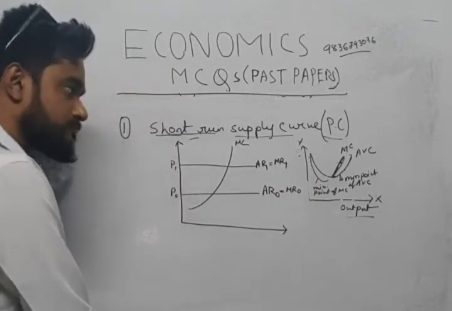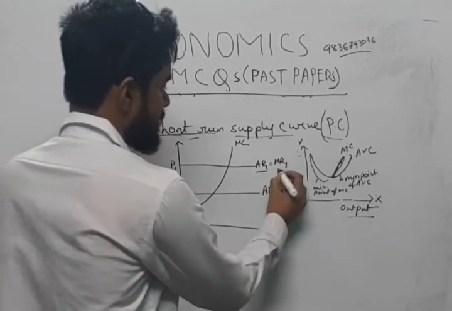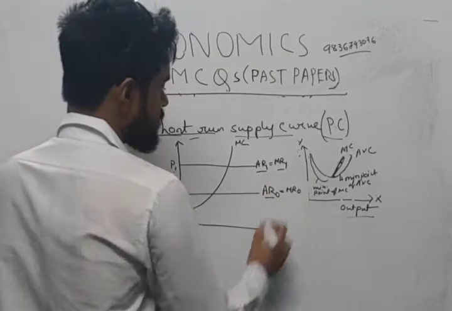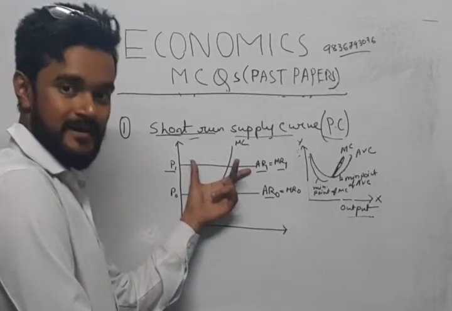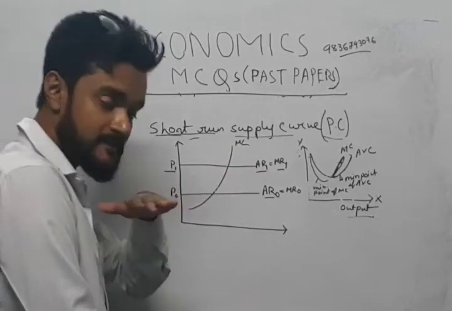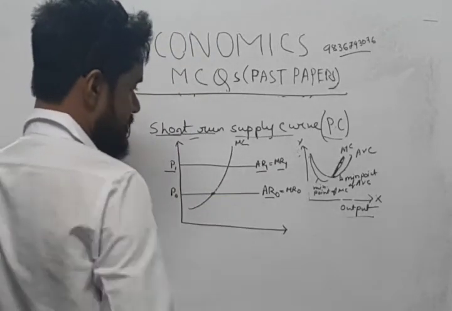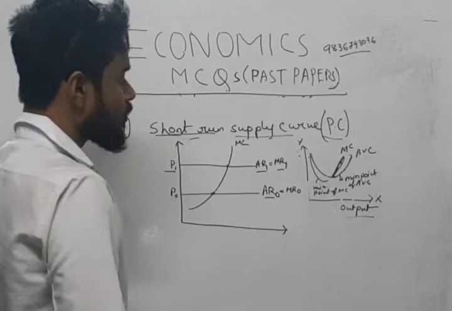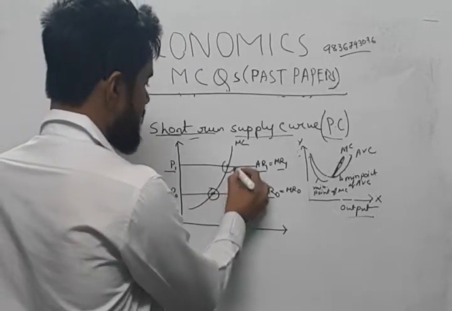So we know for this reason that where AR1 equals MR1 equals P, this is the price line for a perfect competitive firm. He takes price, that is he is a price taker, and where MC cuts MR from below, we get the equilibrium point. So there are two equilibrium points, this and this.